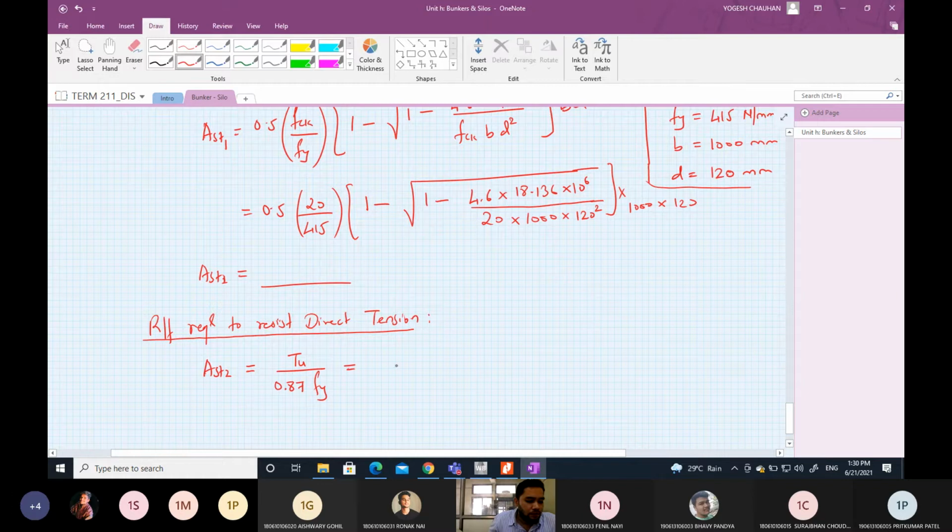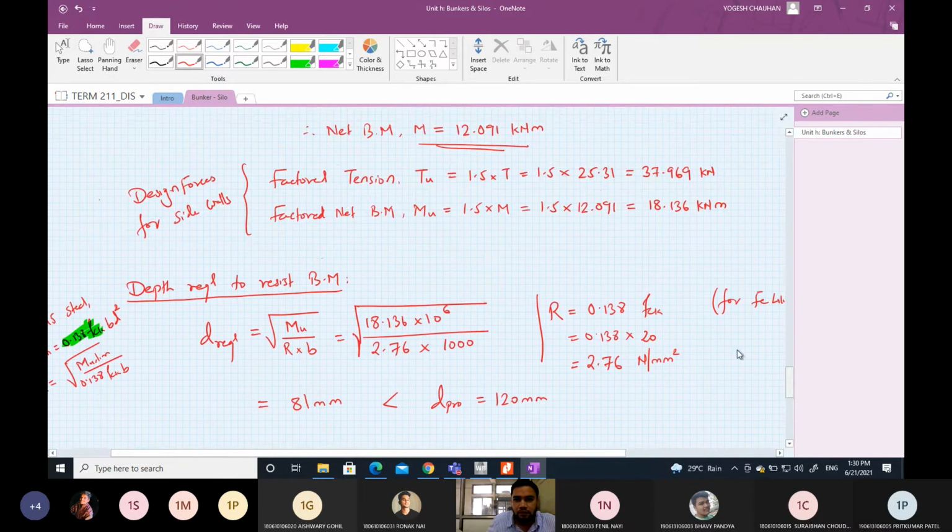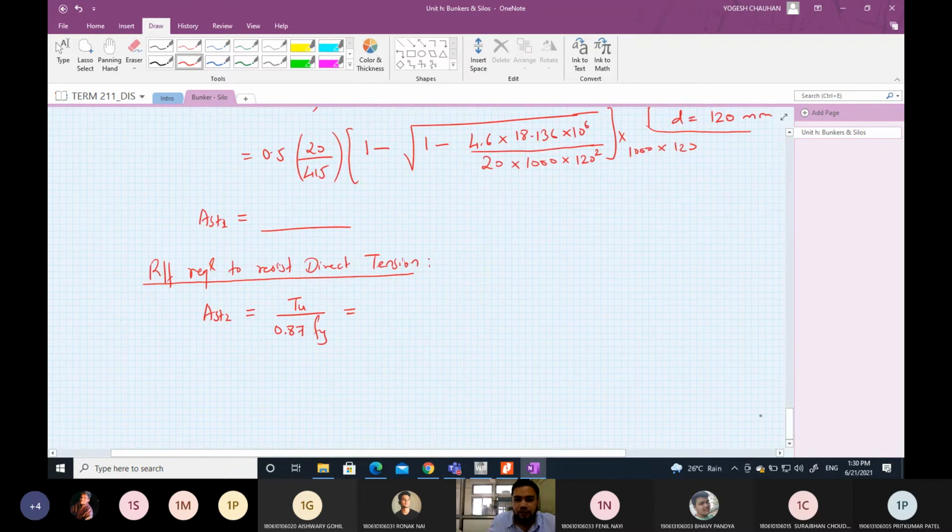TU is 37.969 into 10 to the power 3 to convert it into Newton, divided by 0.87 Fy, Fy is 415. So how much is this value?